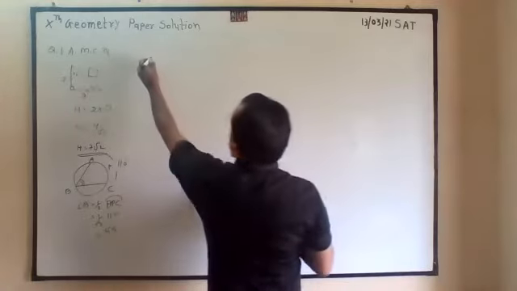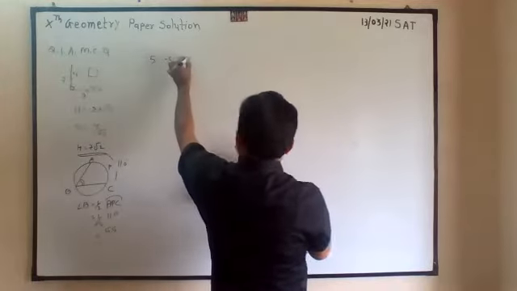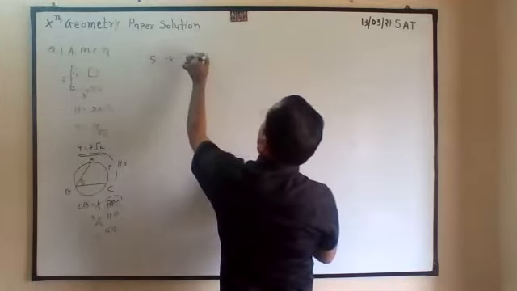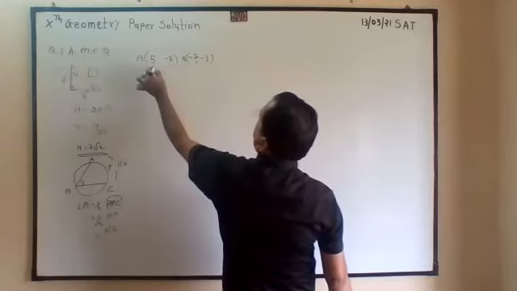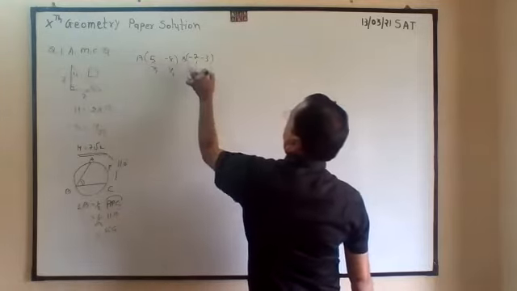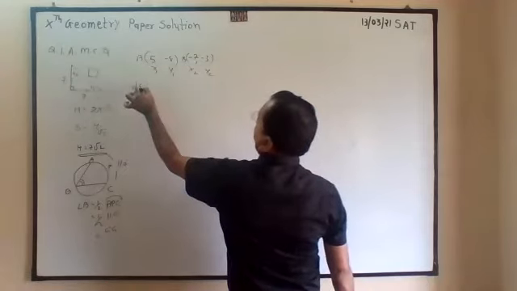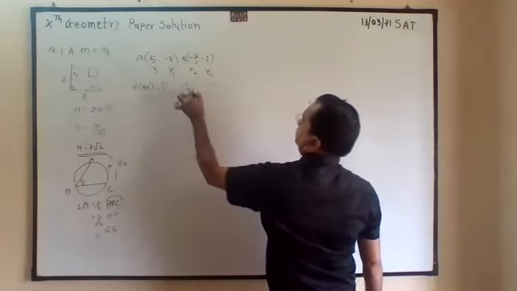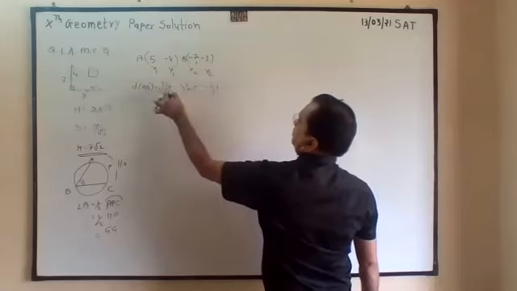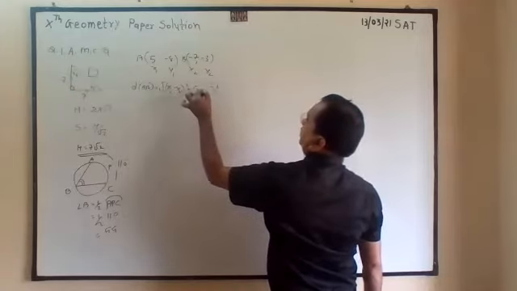Distance between 5, minus 8 and minus 7, minus 3. This is A, this is B, this is x1, y1, x2, y2. So distance AB is x1 minus x2, y1 minus y2.